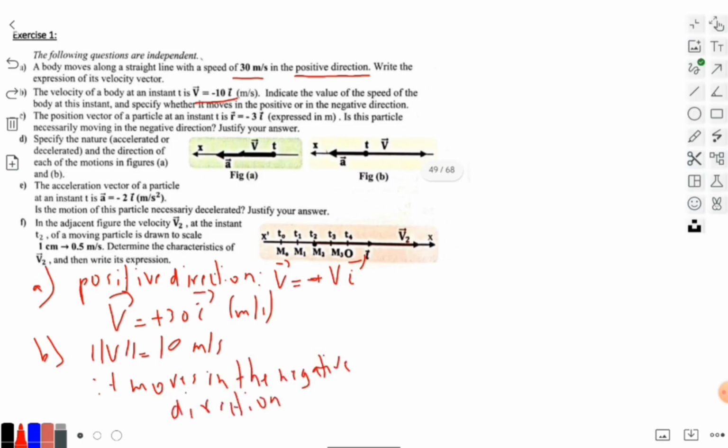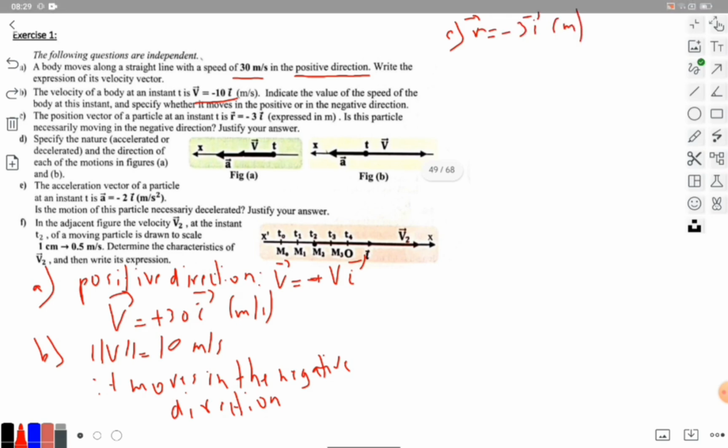Part C. The position vector of a particle at an instant t is r vector equal to minus 3 i meters. Is this particle necessarily moving in the negative direction? Justify your answer.